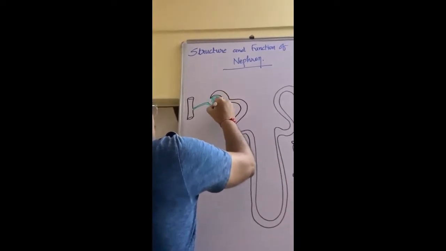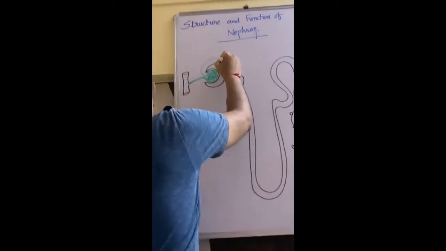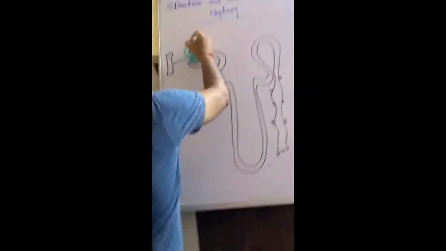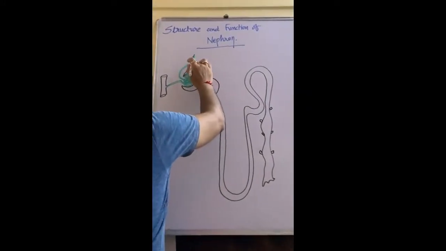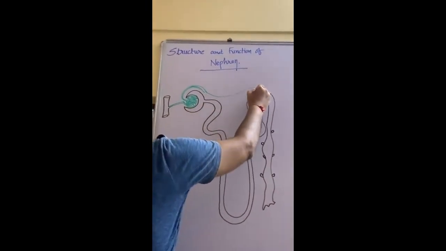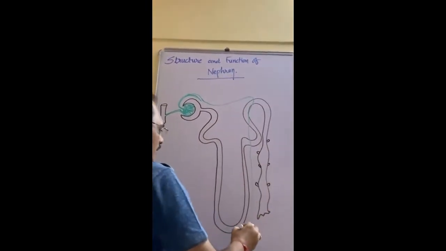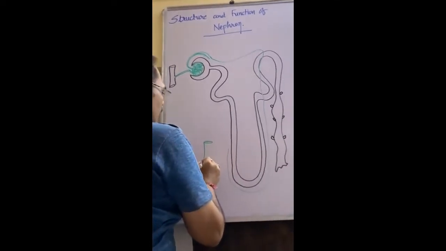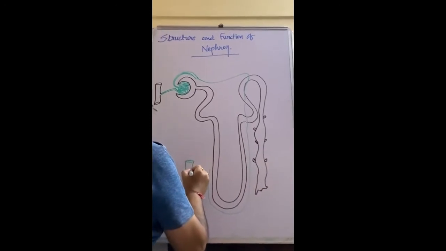This is called a cluster of fine vessels. Then it comes out and spreads over this region, and then lastly meets in the renal vein.